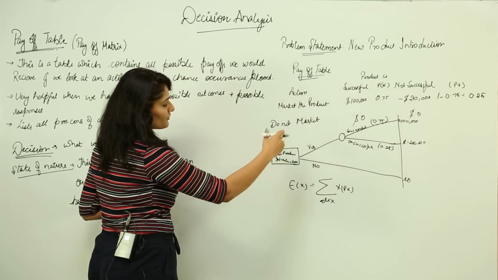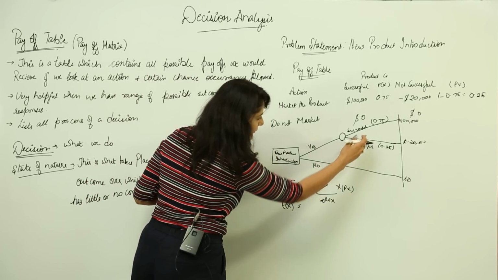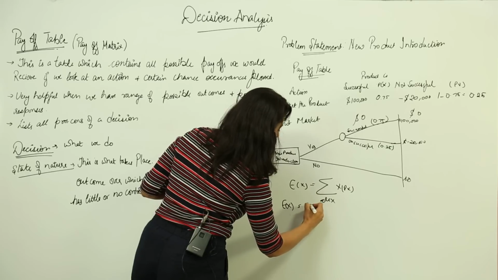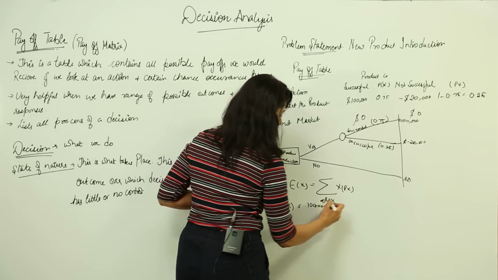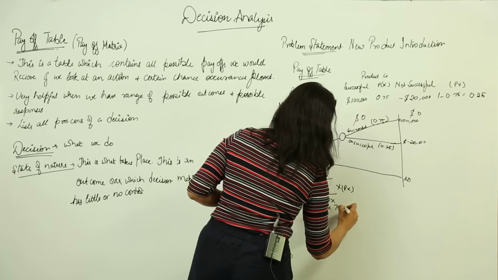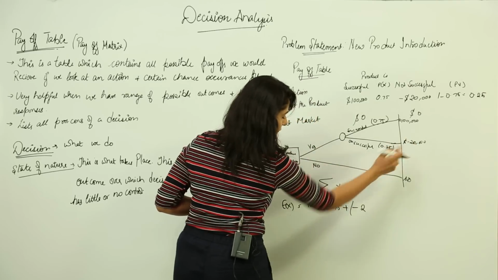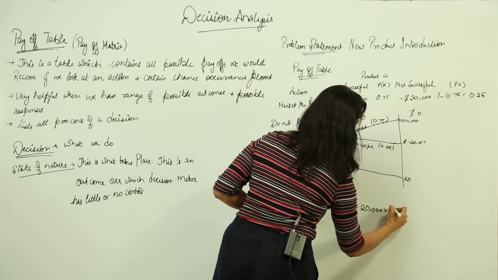So if I have to calculate this, Ex would be, I will just put in all these values and it would come like plus, this is negative because it was a loss.